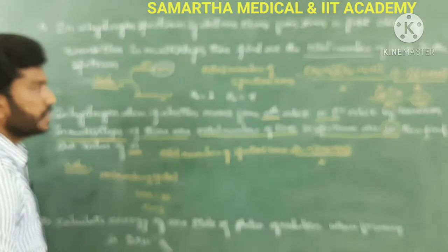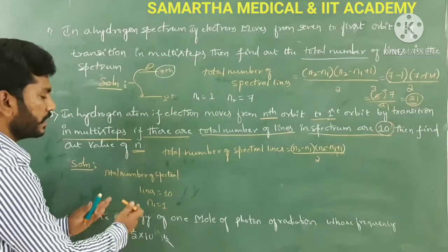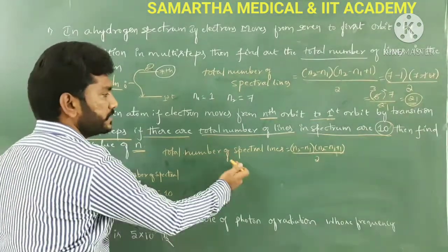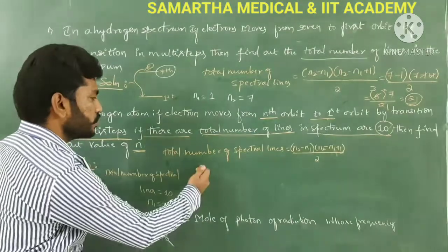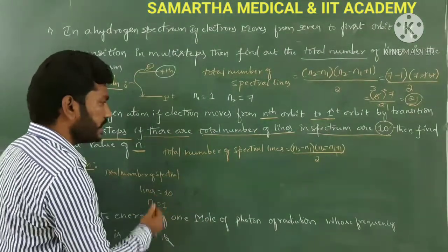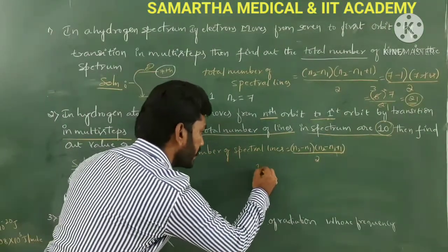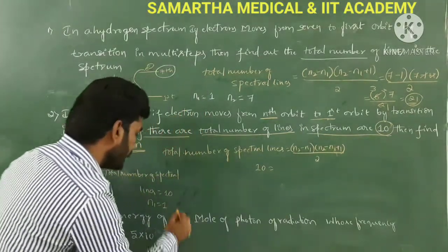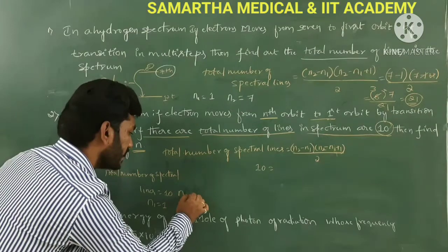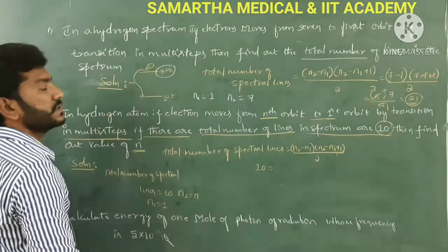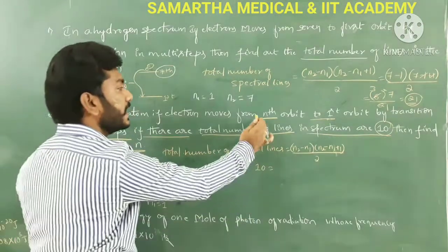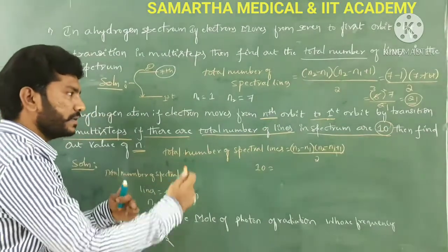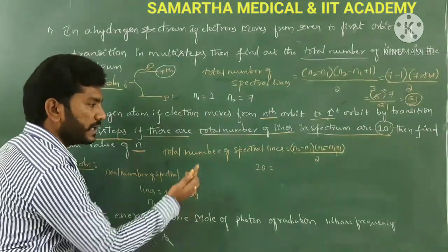Let's put these values in the formula: the total number of spectral lines is 10. n2 is nothing but n, because the electron moves from the nth orbit, the higher orbit, so the n2 value will be n.